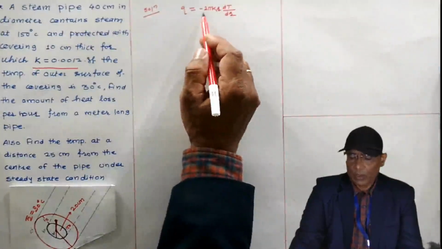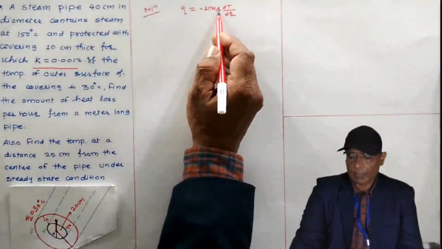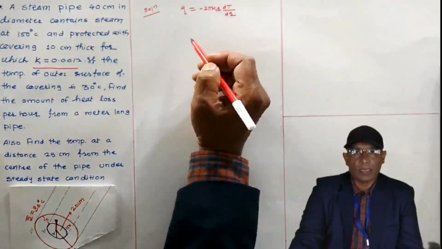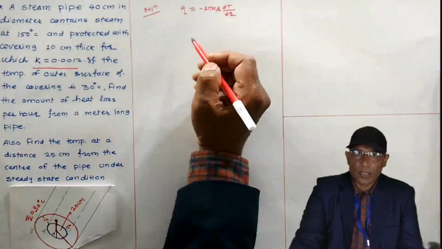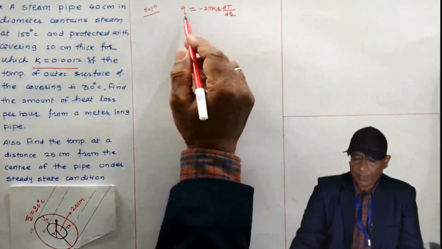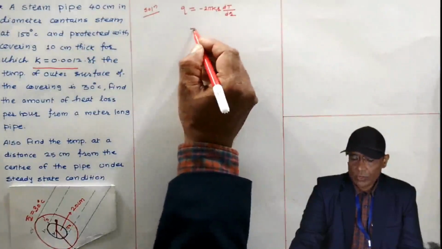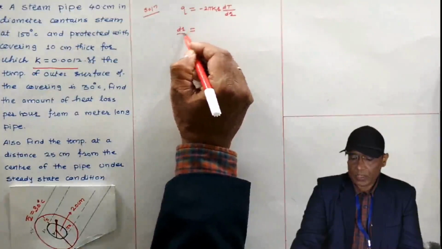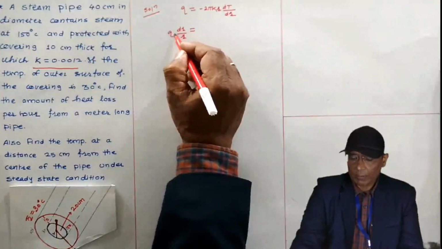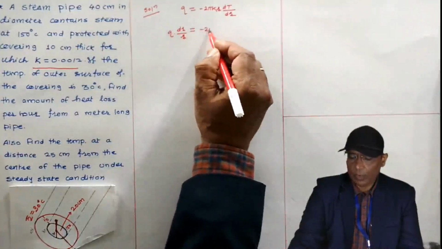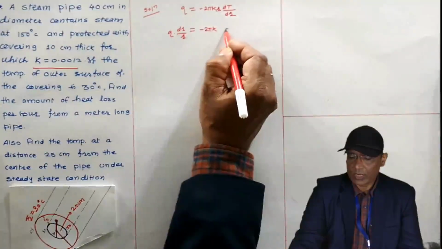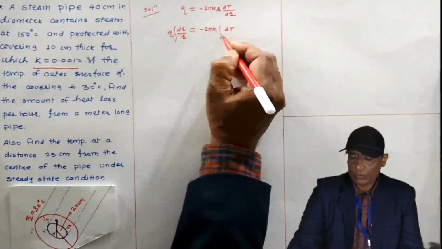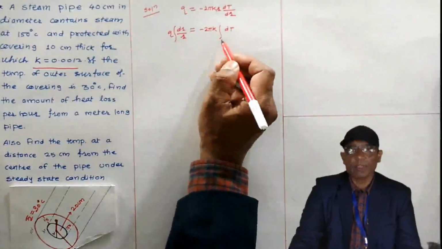Q equals minus 2 pi K R dt by dr. R is a radial distance and it is counted from the center of the pipe. Once you separate variables, I keep Q on the left hand side, 2 pi K on the right hand side as it is, and T. Then integrate with respect to R, and integrate with respect to T here.